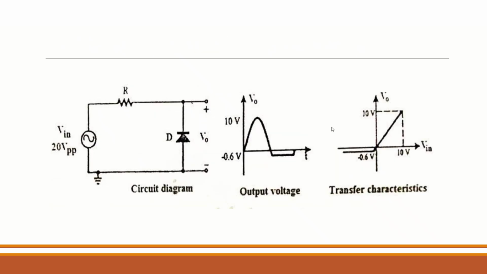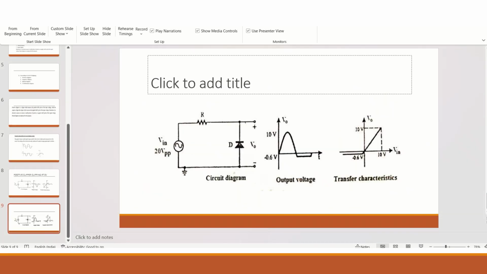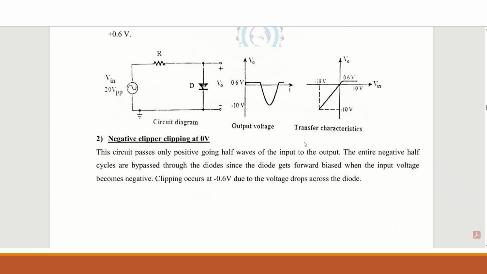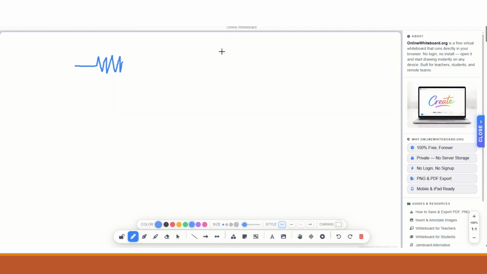This is the circuit diagram of a negative clipper. We already know the classification of clippers. In a positive clipper, the diode's positive part is connected at the output side.